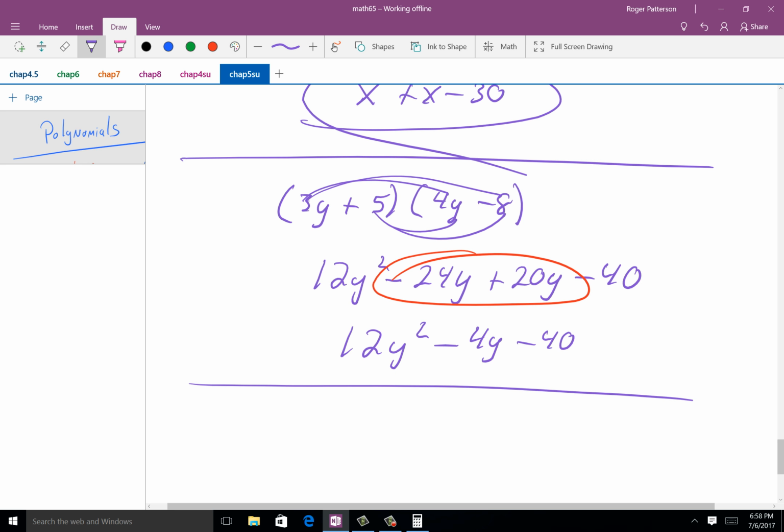But all we're doing is double distributing. And it doesn't matter what the situation is, that's all you're going to do.